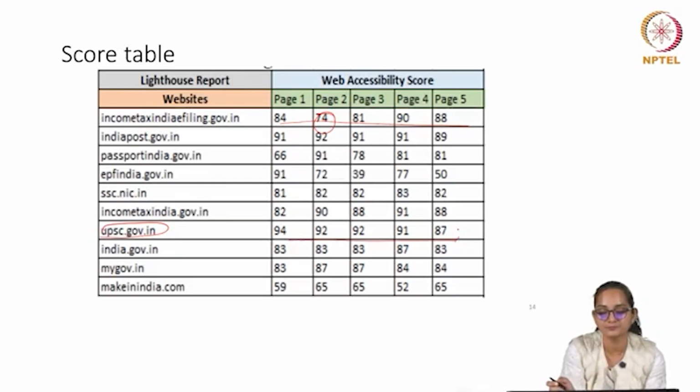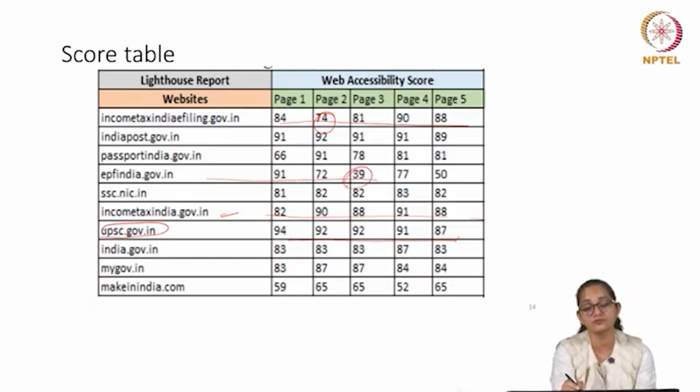Similarly, some of the pages are really low. For example, EPF India has a page with a score of 39. This is really unacceptable. So, you can just evaluate and see which pages need more work.